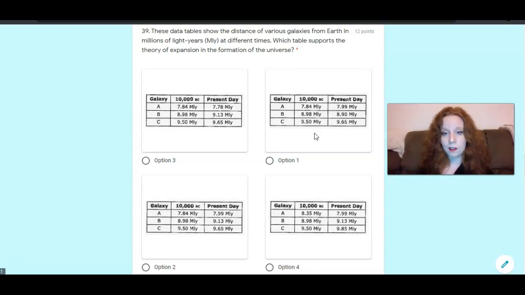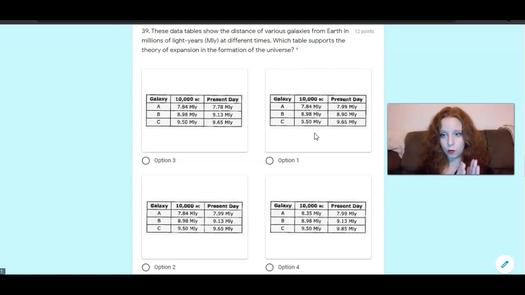So we have galaxy A is 7.84 million light years away from us at 10,000 BC. And then present day, it is 7.99 million light years away from us. Okay, well, we say that our universe is expanding, and it even tells you that in the question, so that matches.